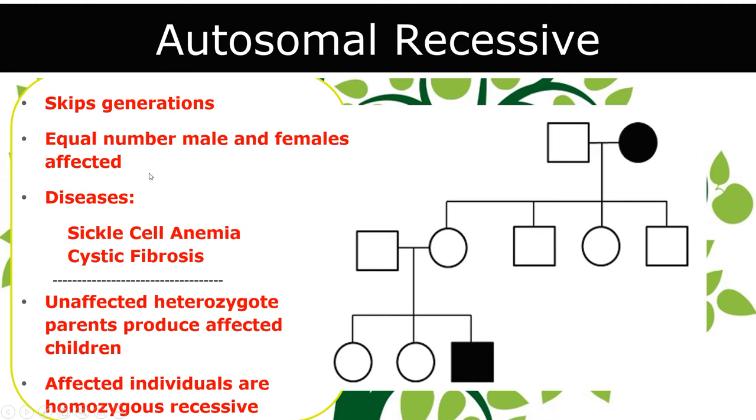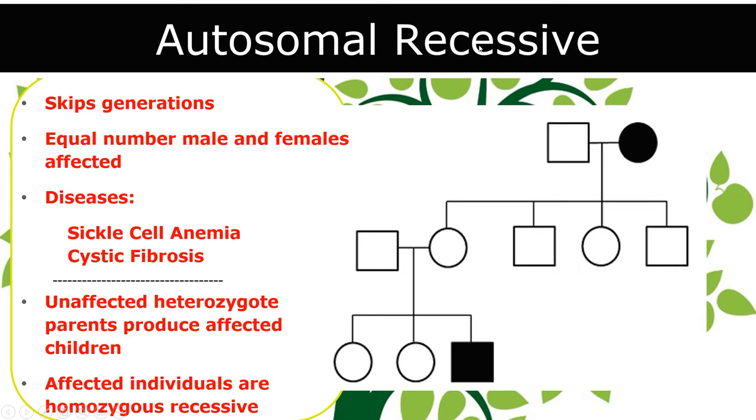I'm going to give you some rules to live by, and use these rules to fill out your chart. You will see an autosomal recessive when you see it skipping generations. In this example, we have one affected parent, the trait disappears, and then it reappears in another generation. Autosomal recessives will always have this sort of skipping.